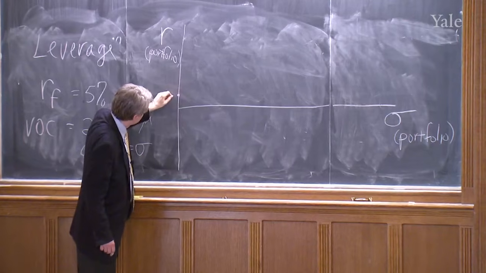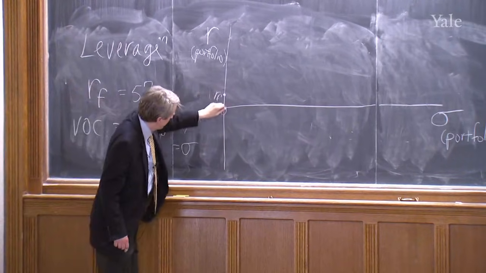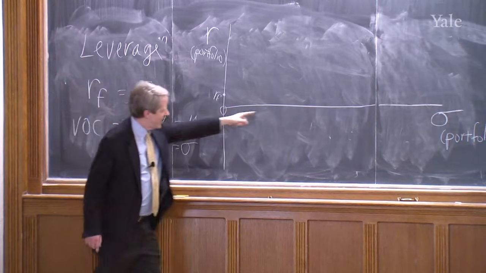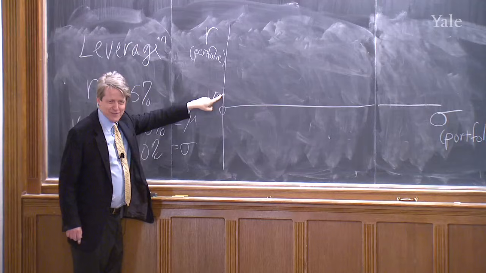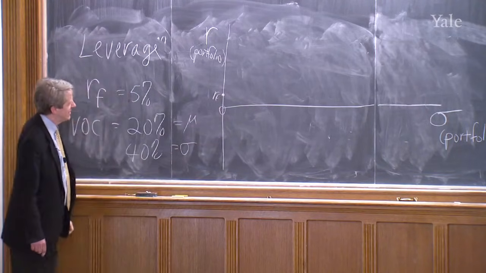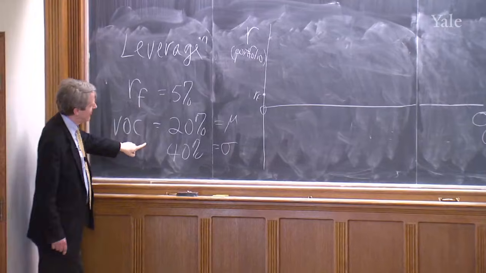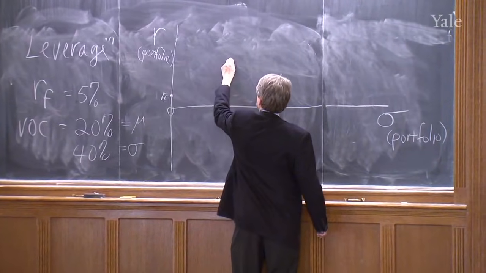So do you see this? This is R sub F. This is 0, okay? And these are positive numbers. See what I've plotted here? This is just the most boring investment because there's no risk at all, and I'm earning 5%. I can also plot this one, right? So here is VOC.